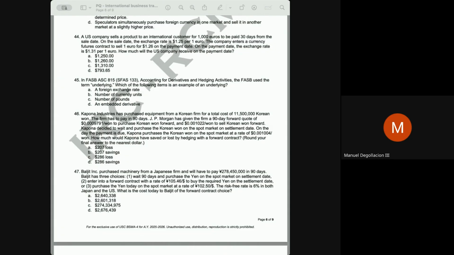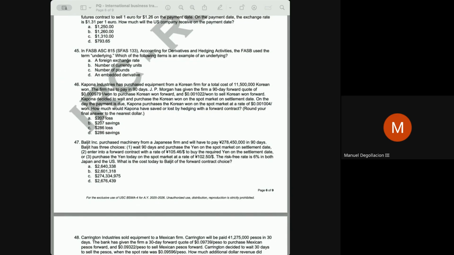And normally it would be something that is fluctuating. So out of the choices here, one possible underlying that can be used would be your foreign exchange rate. Definitely not the number of currency units or the number of pounds. The answer here in number 45 is letter A.